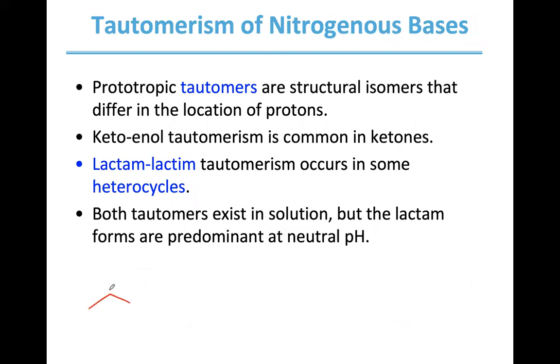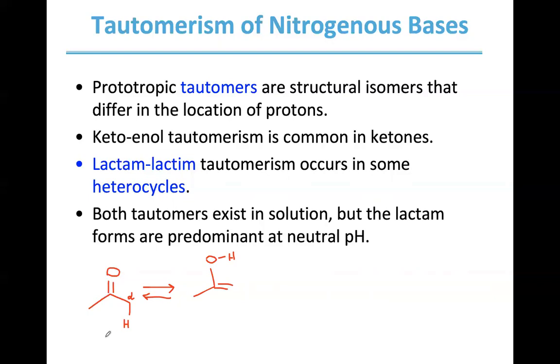As you remember from OChem 2, if you have a ketone and there is a hydrogen at the alpha position, the ketone can undergo tautomerization. So this hydrogen can migrate from carbon to the oxygen.